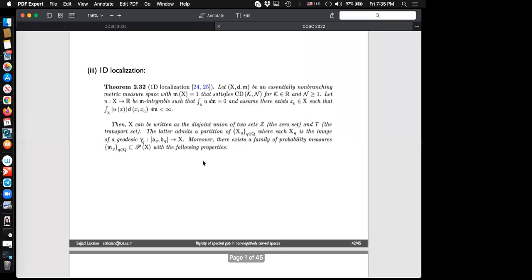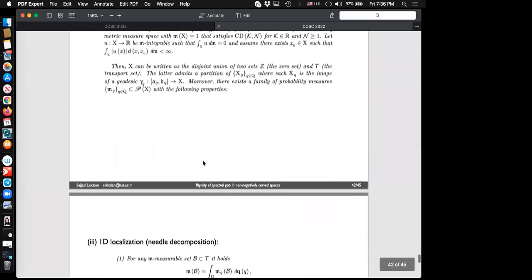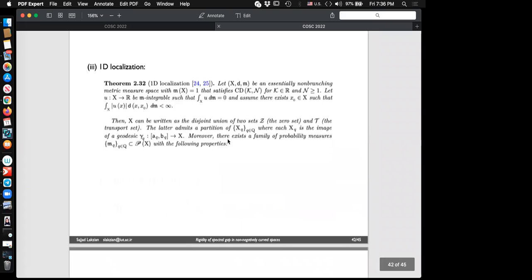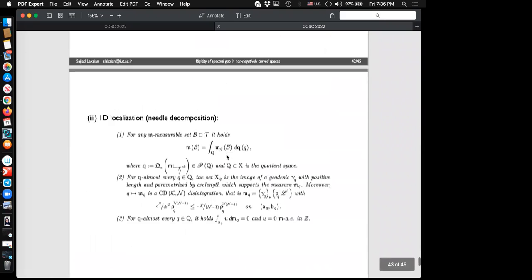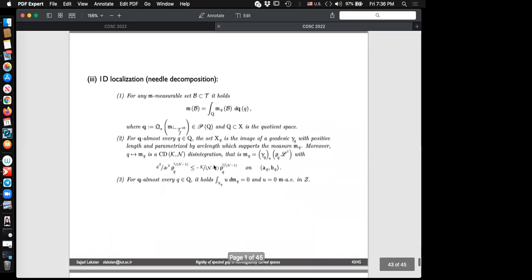Along that flow you can show that every curve that appears here is a minimizing geodesic, and along those curves you have the density of your measure.